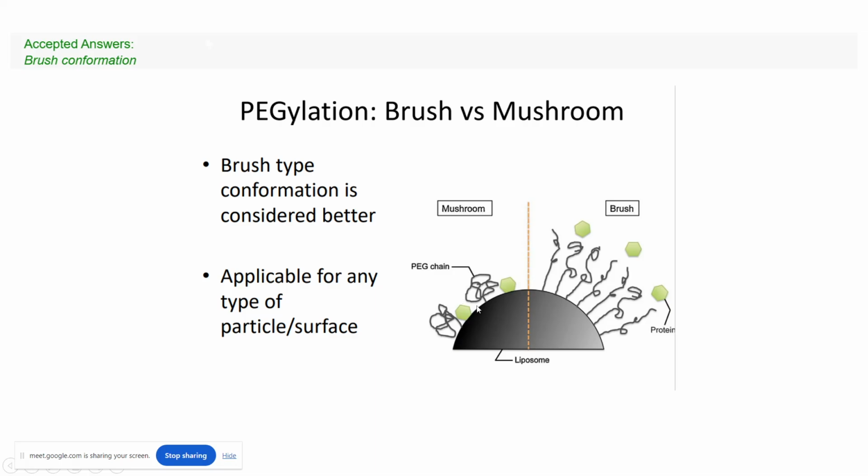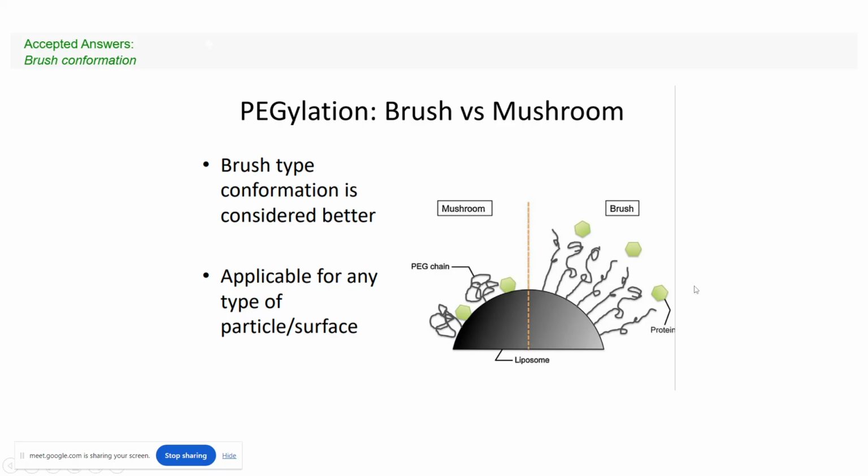So there is enough space for proteins to get absorbed onto the particles that leads to being recognized by the immune cells. And then we have brush conformation where the polymer chains are such that they form brush like conformation on top of the particles, and they are free to move. So because of their movement, like a brush, they avoid these absorption of proteins onto the particles, which then helps in evading the uptake by immune cells.